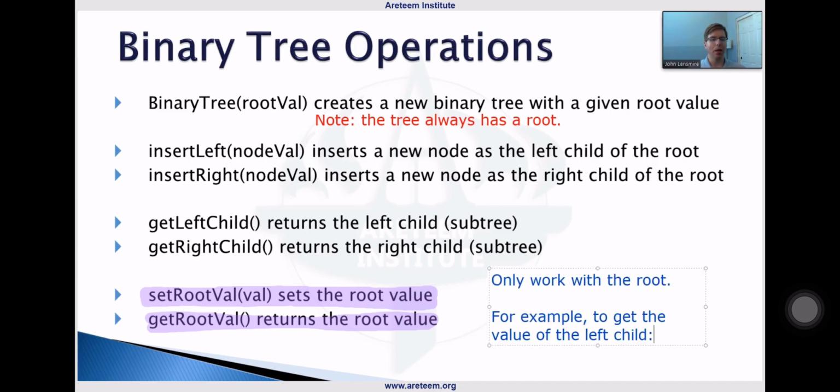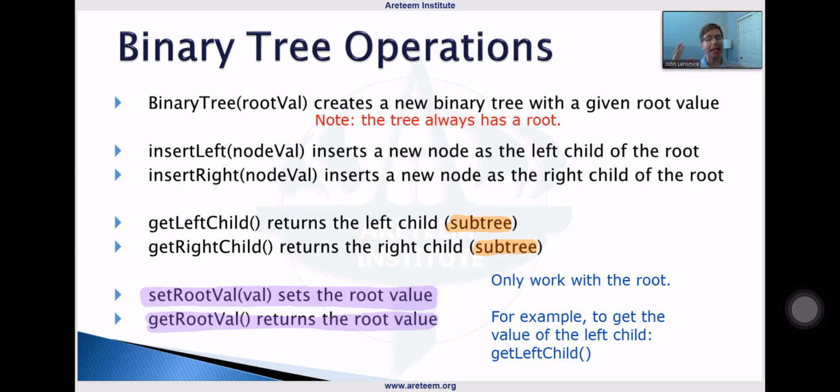We want to first get the left child, so we would call get left child, which does what? This returns that left child, thought of as a subtree. This is something we need to be careful about when we're building this. We're going to do an implementation in a second. We always want to think of this left child as a subtree.